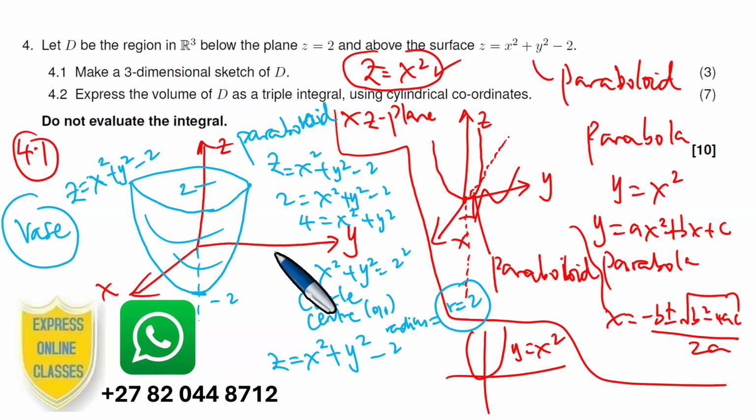So now, a couple of features of the paraboloid we did not spend a lot of time on. In the xy plane, to sketch this, Z becomes 0, which means that whenever Z is 0, 0 is x squared plus y squared minus 2. Therefore you have x squared plus y squared equals 2.